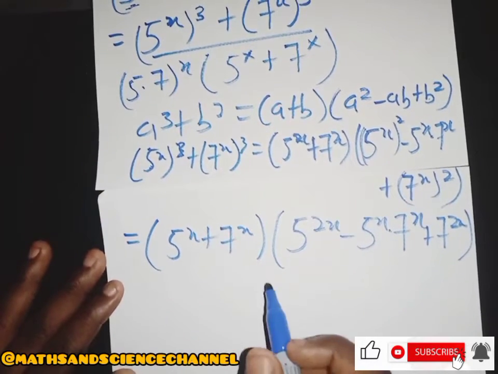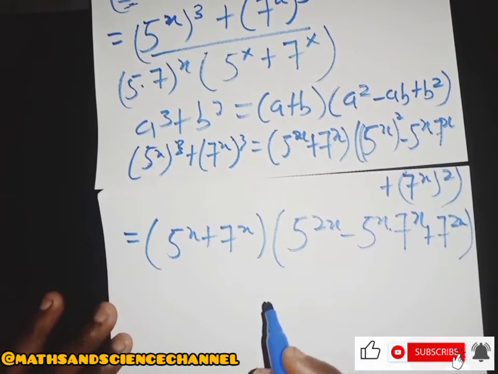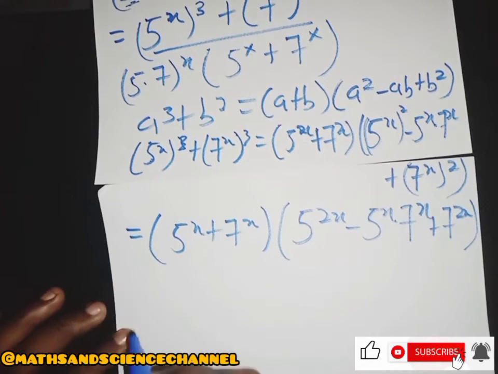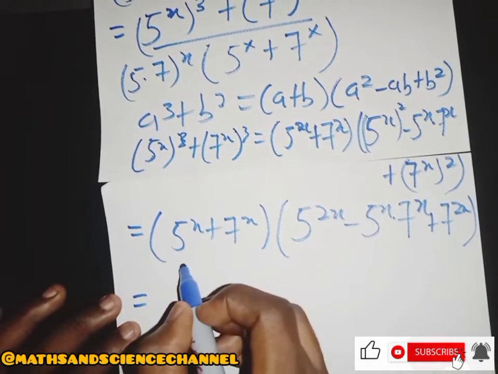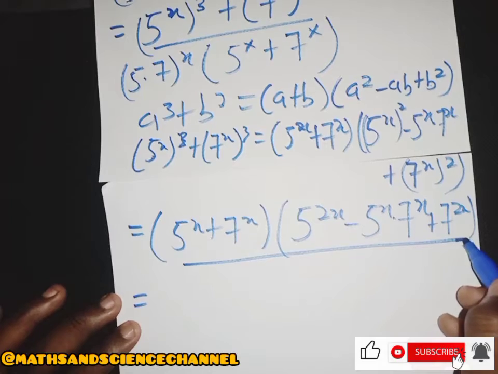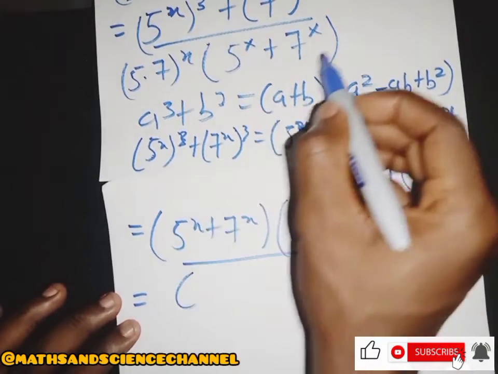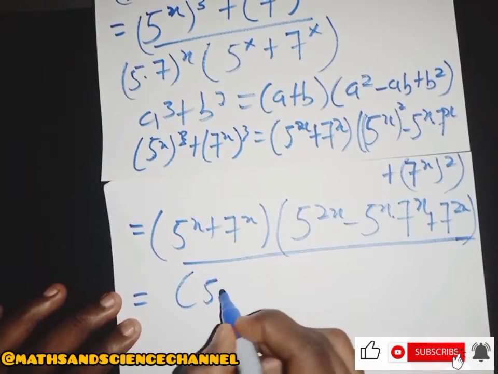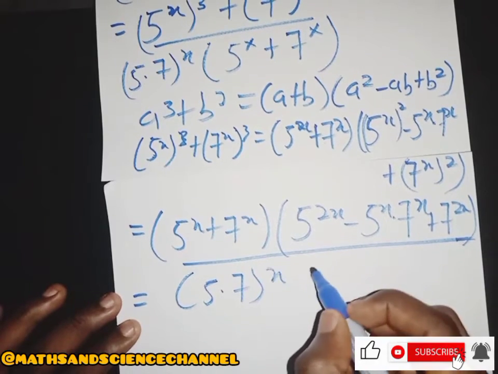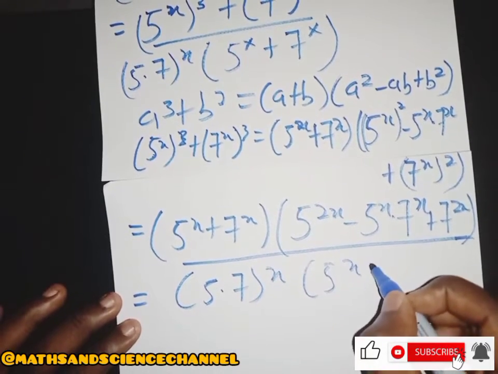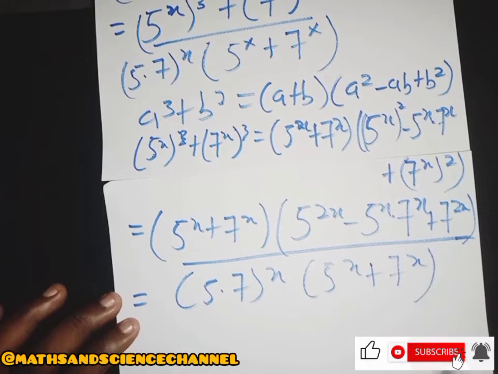Okay, so from here let's quickly add this one to the denominator. So the denominator is just this part, so 5 times 7 to the power x, then we have 5^x here plus 7 to the power x in this case.